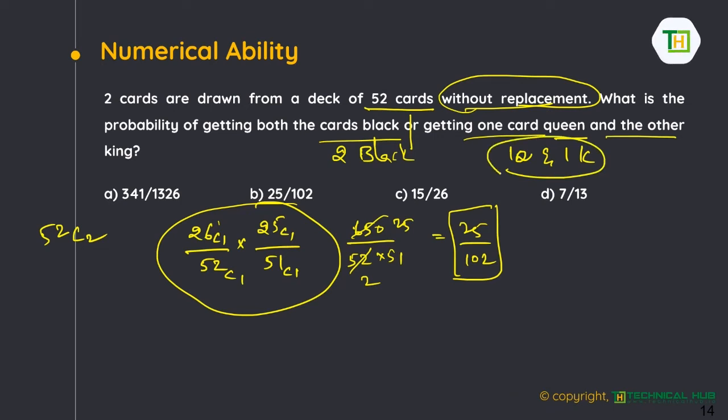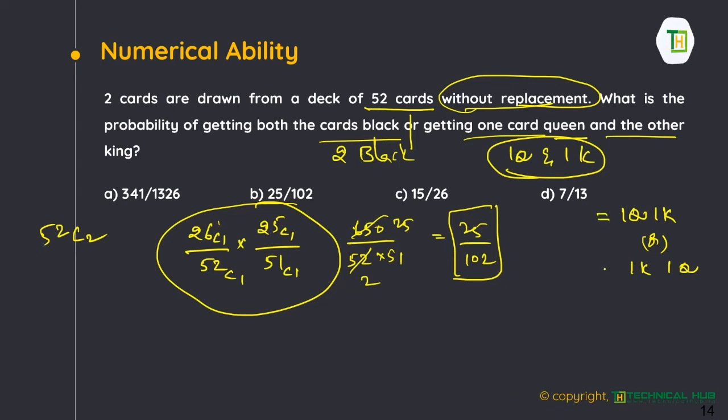In this also, you will have two possibilities. One possibility is the first draw is queen and the second draw is king. The other is the first is king and the second is queen.